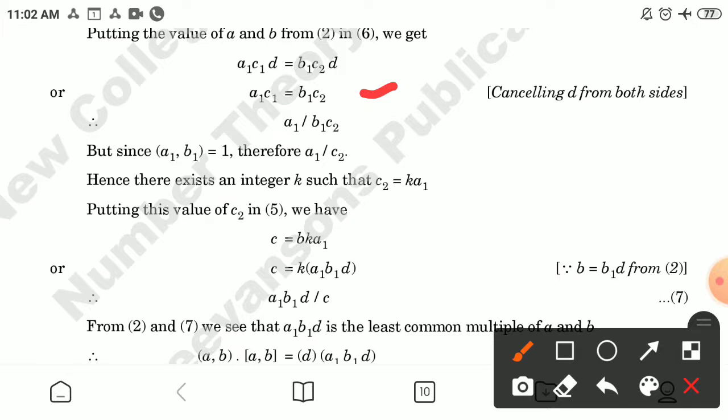Therefore, A1 divides B1C2. But since greatest common divisor of A1 and B1 equal to 1, therefore A1 divides C2. Hence, there exists an integer k such that C2 is equal to k times A1. Putting this value of C2 in fifth, we have C is equal to B·k·A1, or C is equal to k times A1B1D. Since B is equal to B1D from second, therefore A1B1D divides C, marking this as number 7.